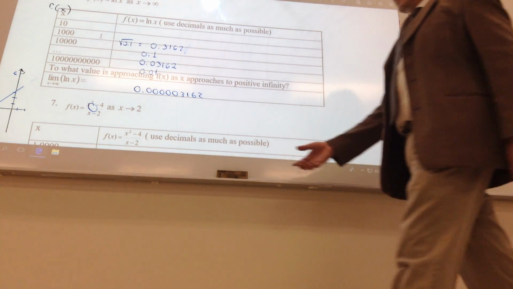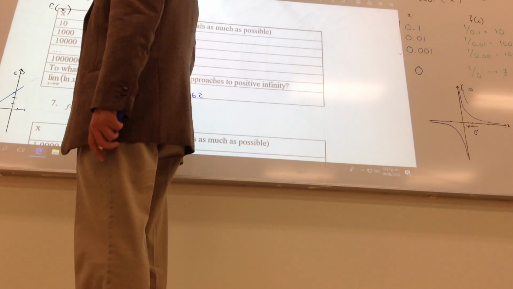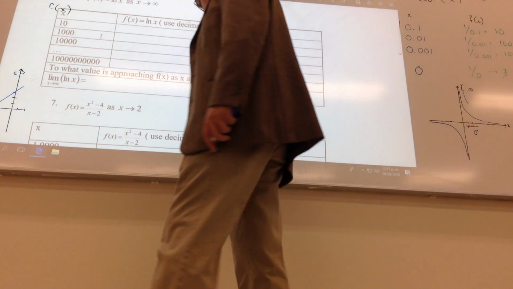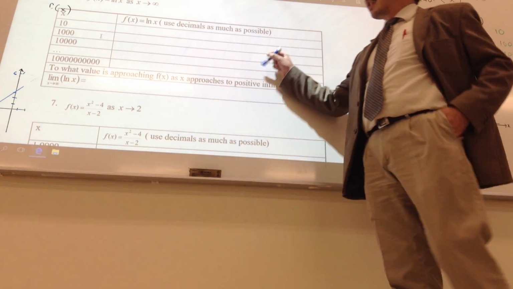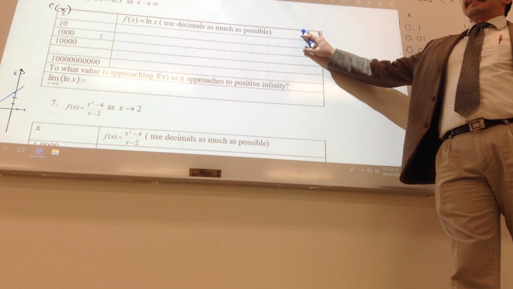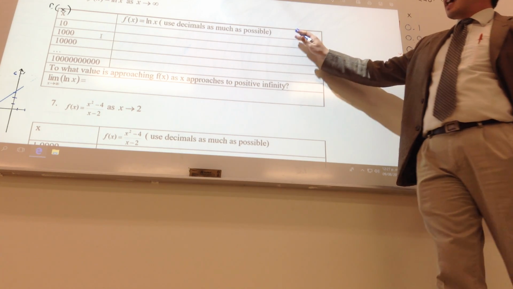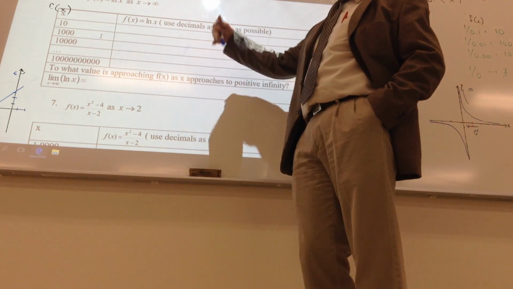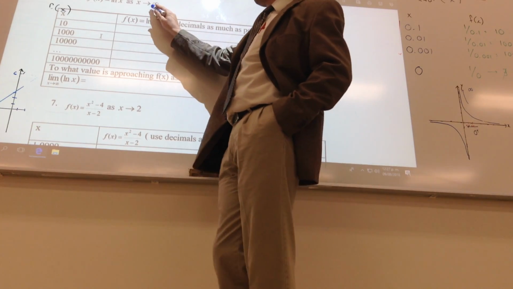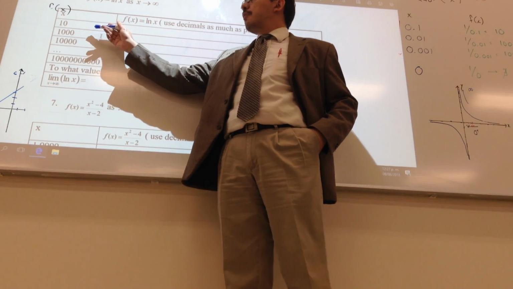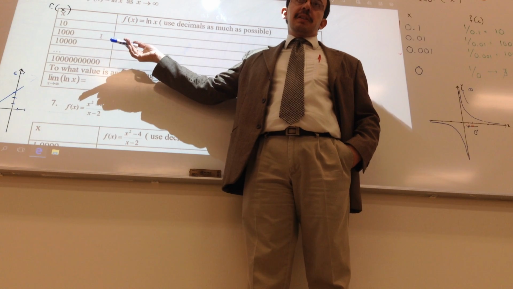Well, now let's try to do it. Let's try number 6. Okay, now it says ln of x as x approaches infinity. If it says x approaches infinity, that means that I'm going to give values to x as big as possible.